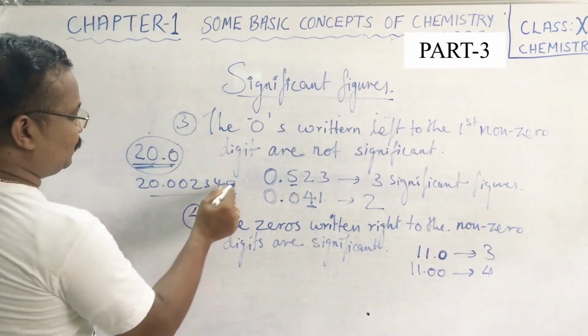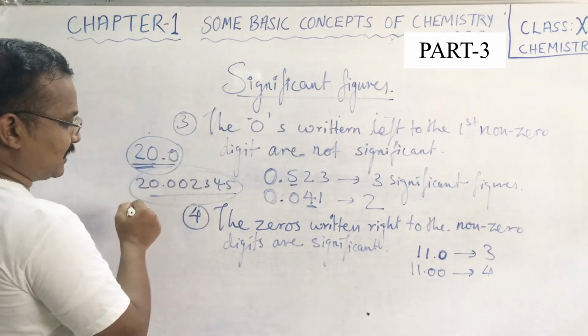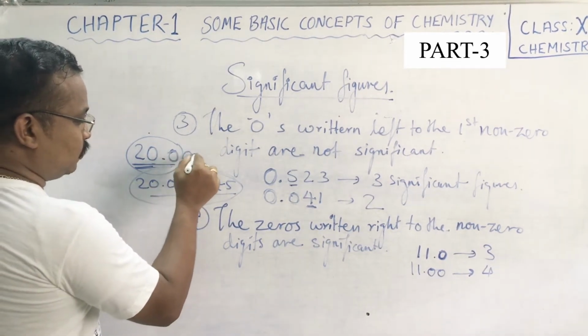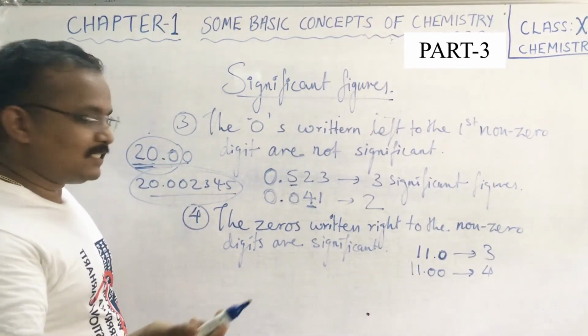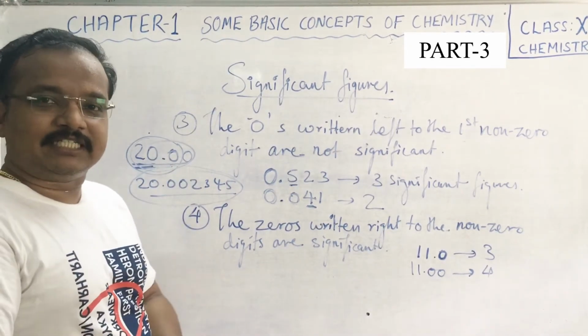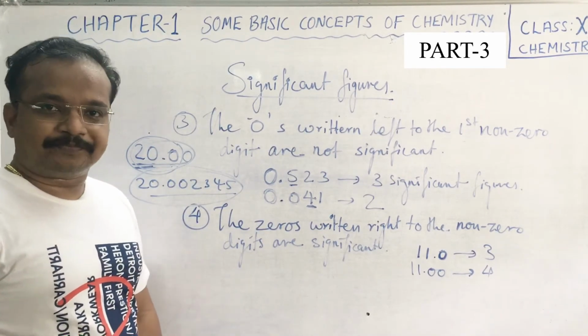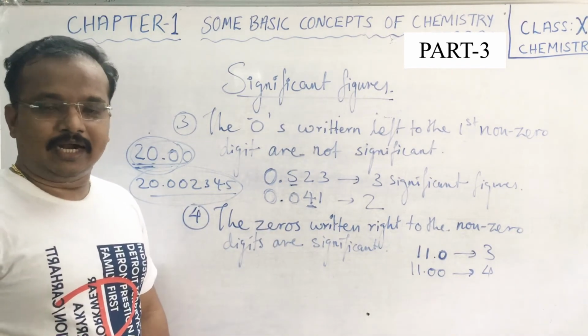Understood? So that's why this problem comes up. If it is 1 zero it is correct, and if it is 2 zeros that are written, then it can be up to 4 digits. It is accurate, we can say. When we study accuracy and precision, we will understand more about this. I hope you understood significant figures well.